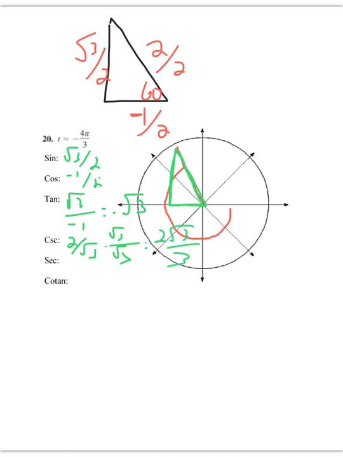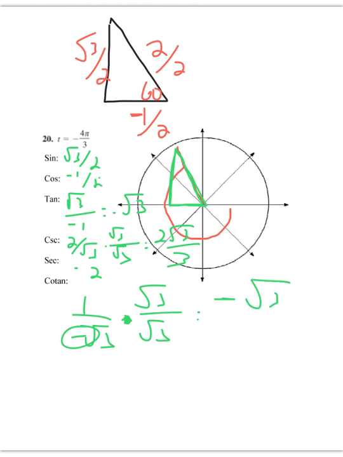Our secant is the reciprocal of negative 1/2, which of course is neg 2. And our cotan is the reciprocal of the tangent, which was negative root 3. So it's 1 over neg root 3, which now becomes multiplied by root 3 over root 3. We have negative root 3 over 3.